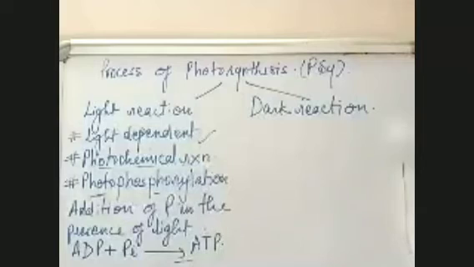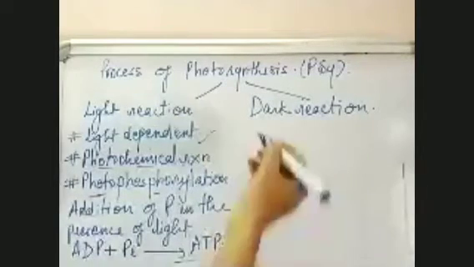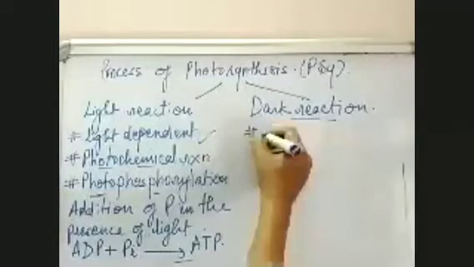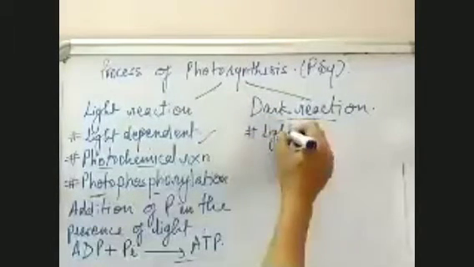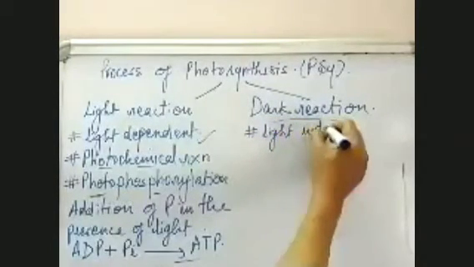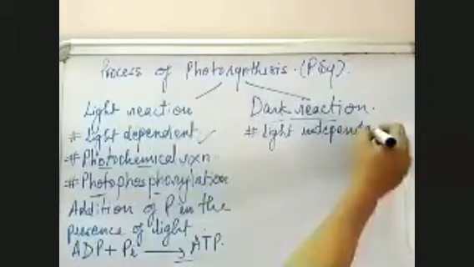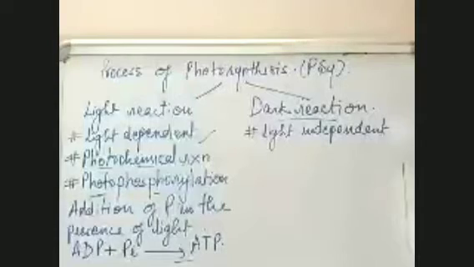Now, dark reaction is light independent. This does not depend on light. Now, you will say that if it is light independent, what is the source of energy to accomplish this reaction?